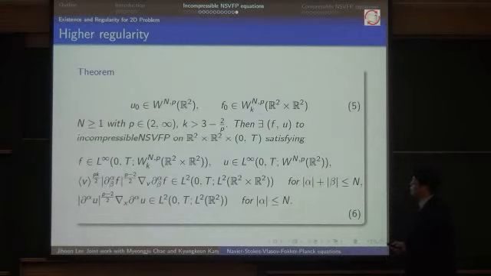If the initial data is good, then we can show for 2 dimensions, for any capital T, the global existence of f and u, and f and u satisfy this kind of higher regularities.